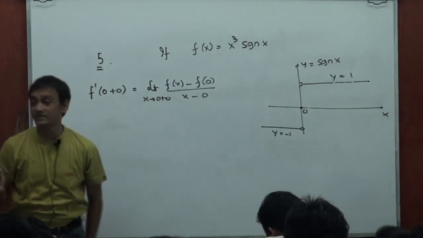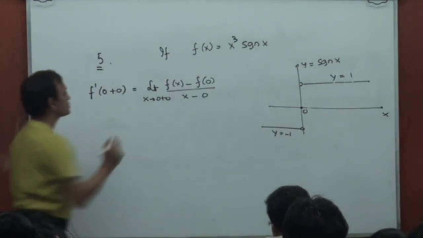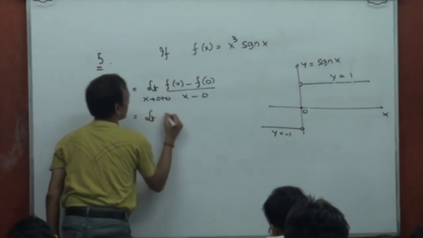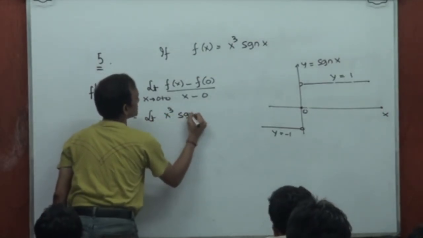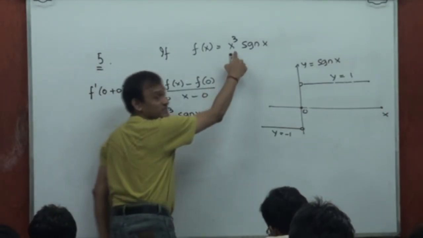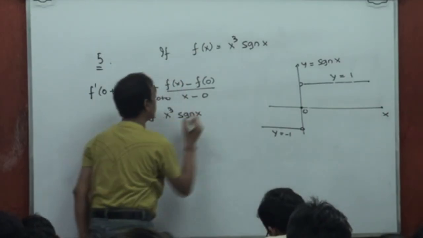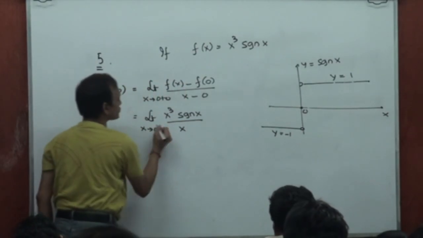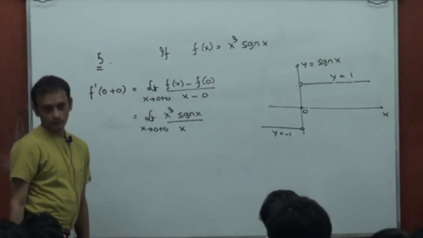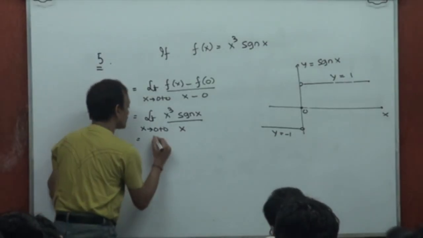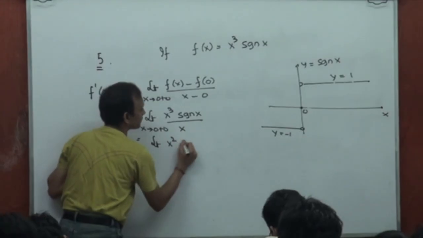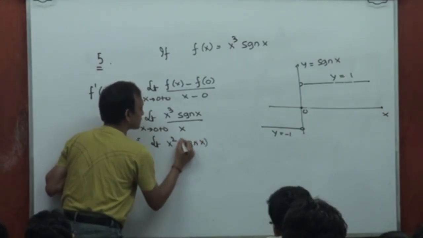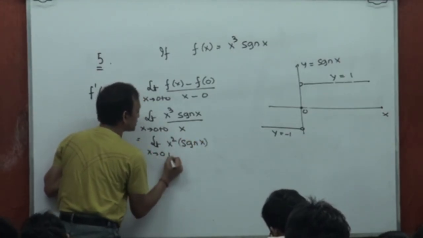That's the right hand derivative at x equal to 0 by definition. This is going to be limit x cube signum x minus f of 0, which is 0, divided by x as x tends to 0 from the greater than 0 side. This is like limit x squared signum x, x tends to 0 from the greater than 0 side.